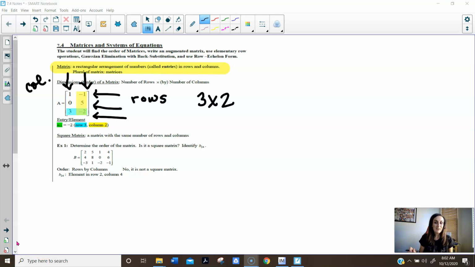Looking at an entry in the matrix, if we call this matrix A, and we're looking at 3, 2, that would be 3 rows and 2 columns, we would be looking at the entry -2.